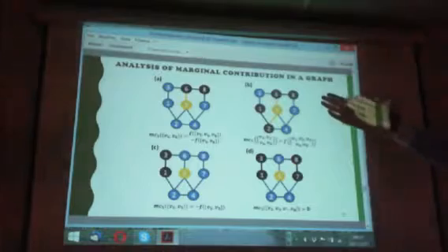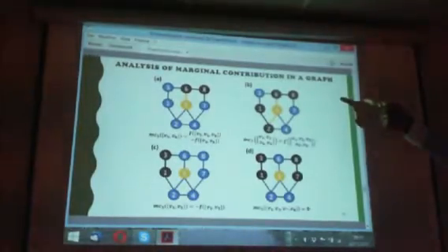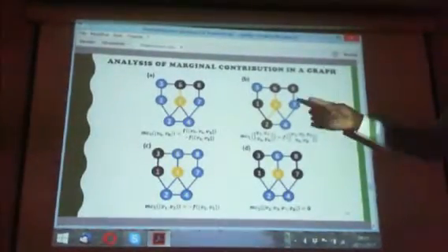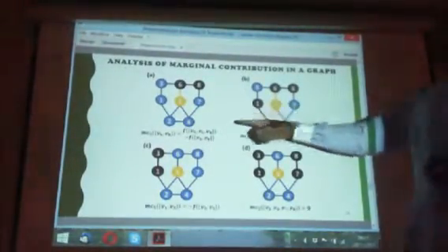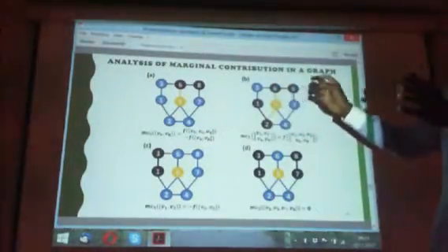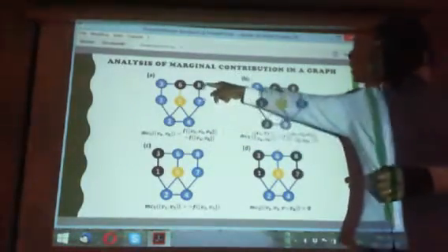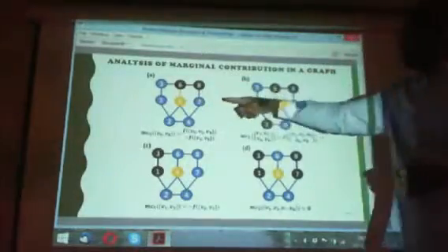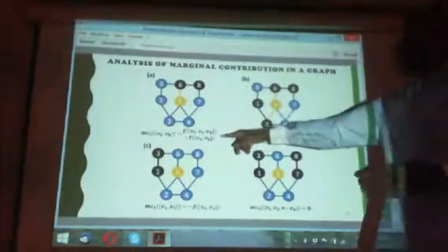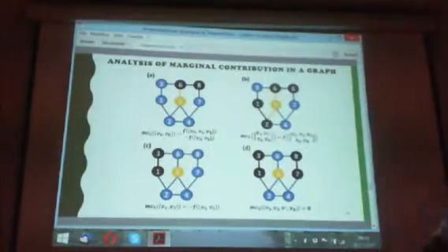For example, in case A, we have to evaluate the marginal contribution of node 5 with respect to nodes 6 and 8. The marginal contribution is the characteristic function value when all nodes are together, like here, and you can see they are connected, minus the value when we have only nodes 6 and 8 connected.